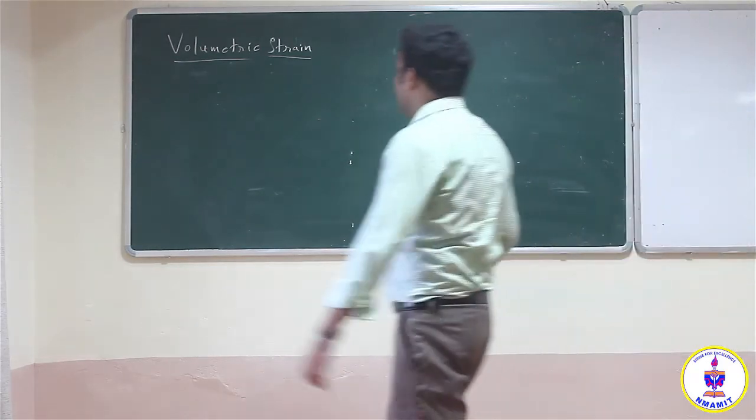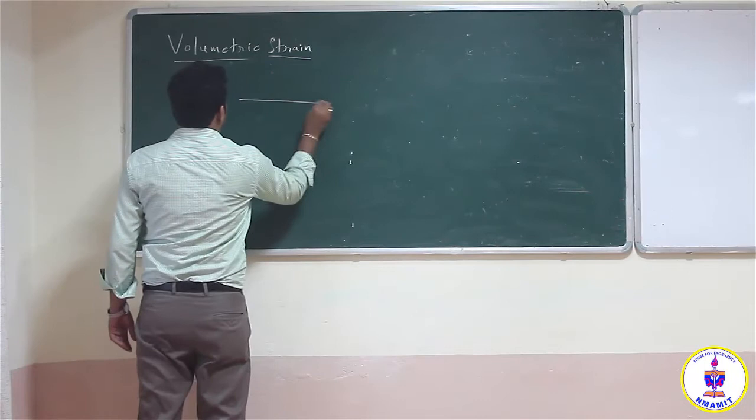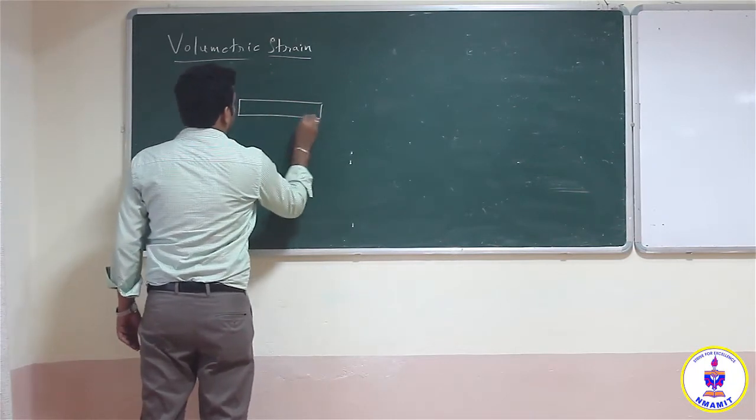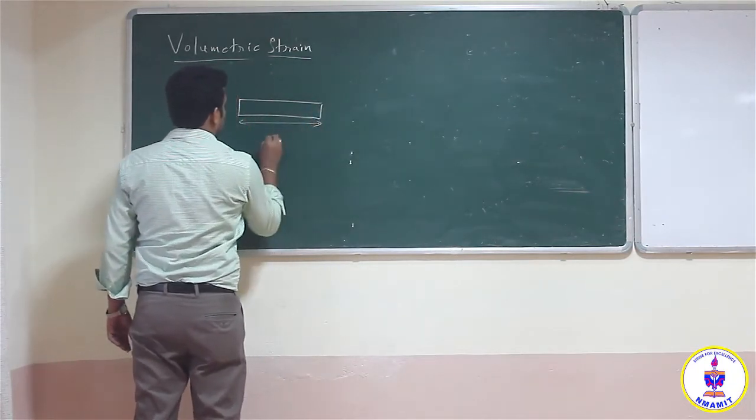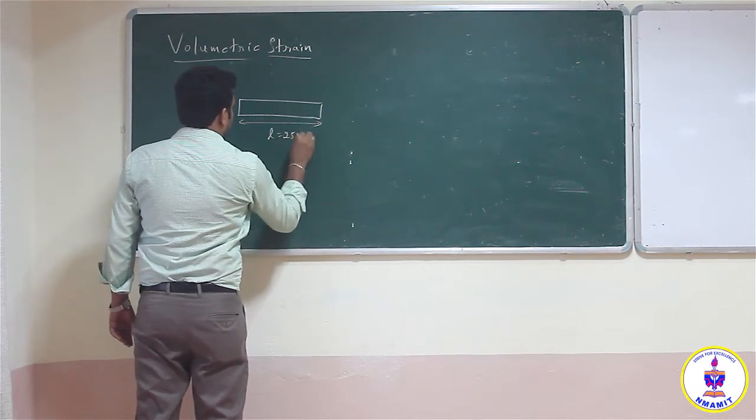They are given again a metallic bar of rectangular cross section. Length is 250 mm.